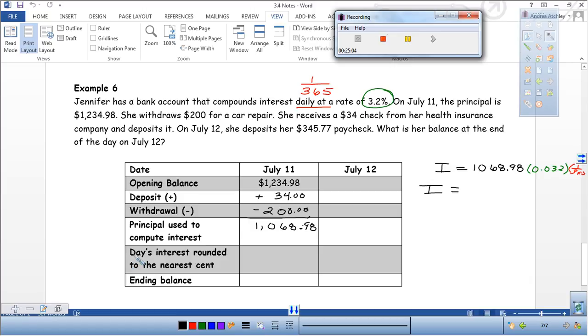We multiply that together and get $0.09. Our ending balance, we're just going to add the 9 cents to it and get $1,069.07.